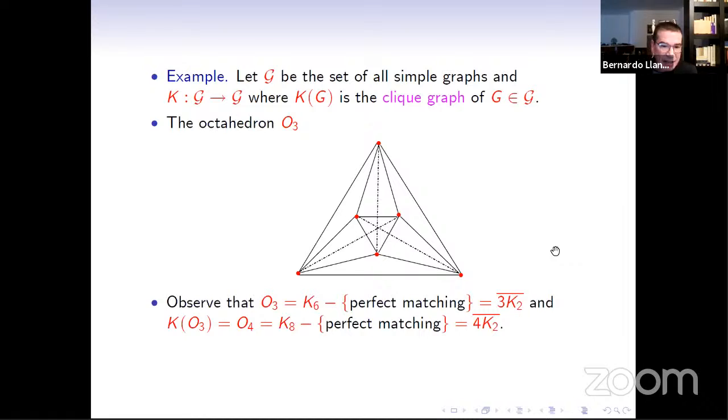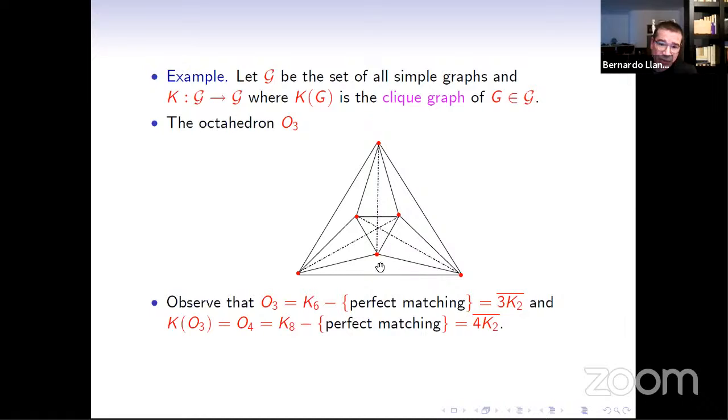And then you can see that really the octahedron graph is K6 deleting a perfect matching. This is the perfect matching of K6, and you obtain that. You can see it as 3 copies of K2, 3 edges, and take the complement.